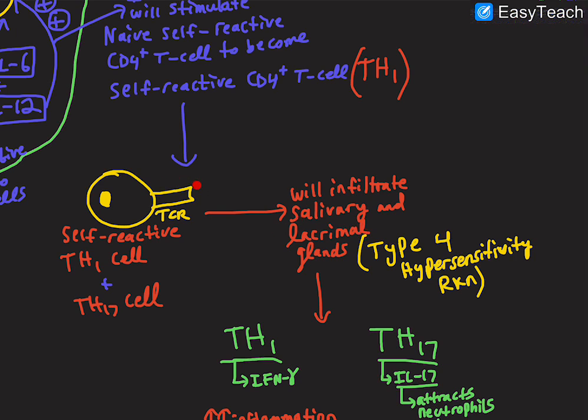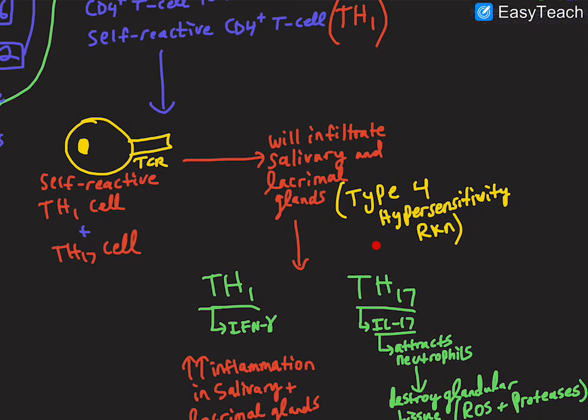Because these T cell receptors can recognize self-antigens there. So if that happens, that's why we call it a type 4 hypersensitivity reaction, right? Because it is driven through lymphocytic infiltration of your glands, particularly your T cells.